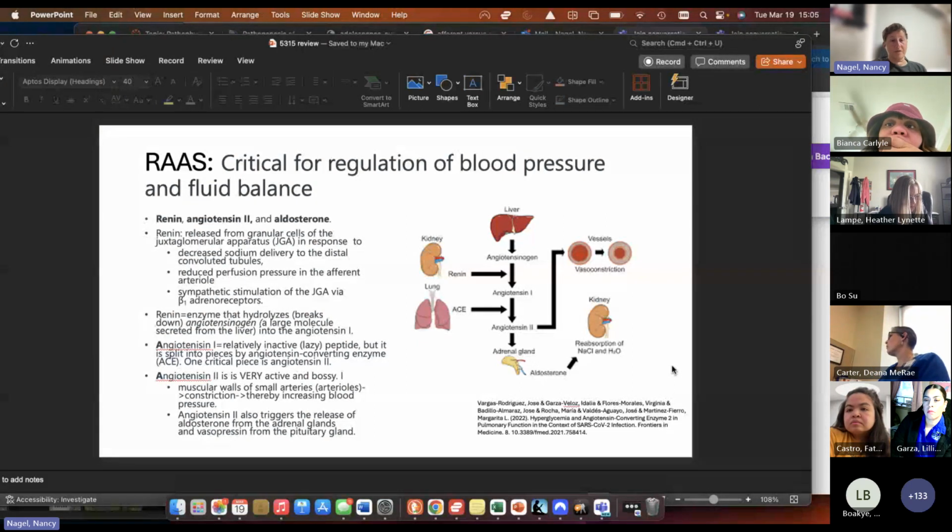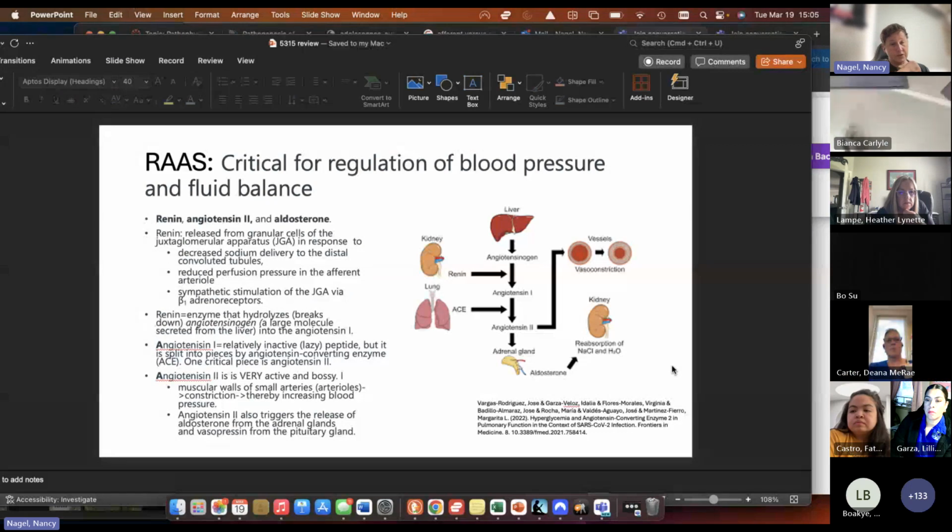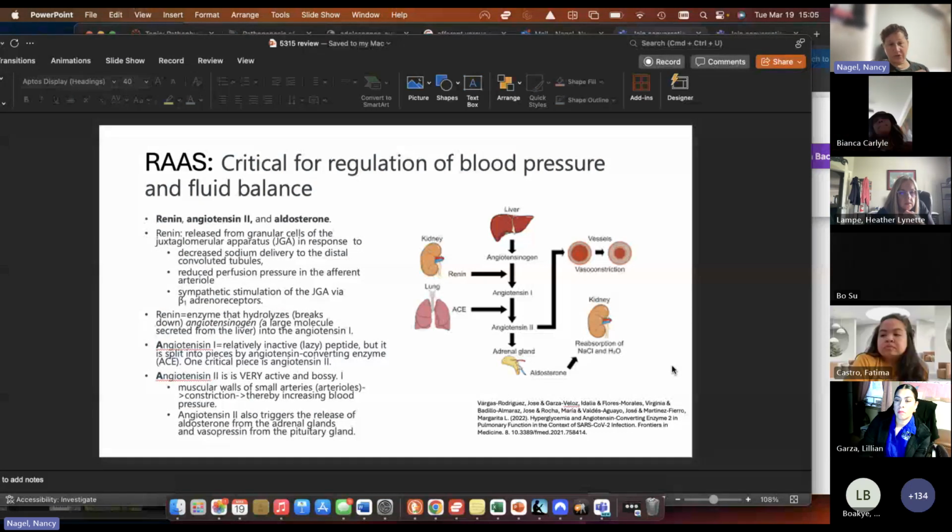Angiotensin 1 is not a molecule that's really used a lot in our system, but that is further cleaved into two different molecules by the angiotensin converting enzyme. One of those two pieces that are left over is angiotensin 2, and this is the one that is going to help us so much with blood pressure.